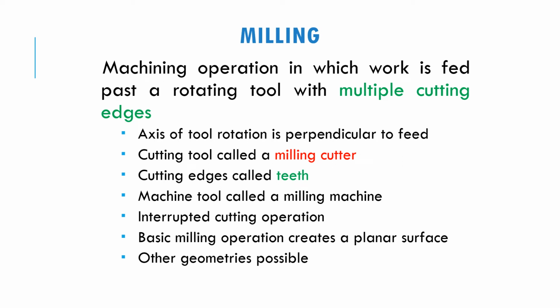It is not a continuous operation. The basic milling operation creates a planar surface, meaning a flat surface. But you can also create other geometries, not only the planar surface.